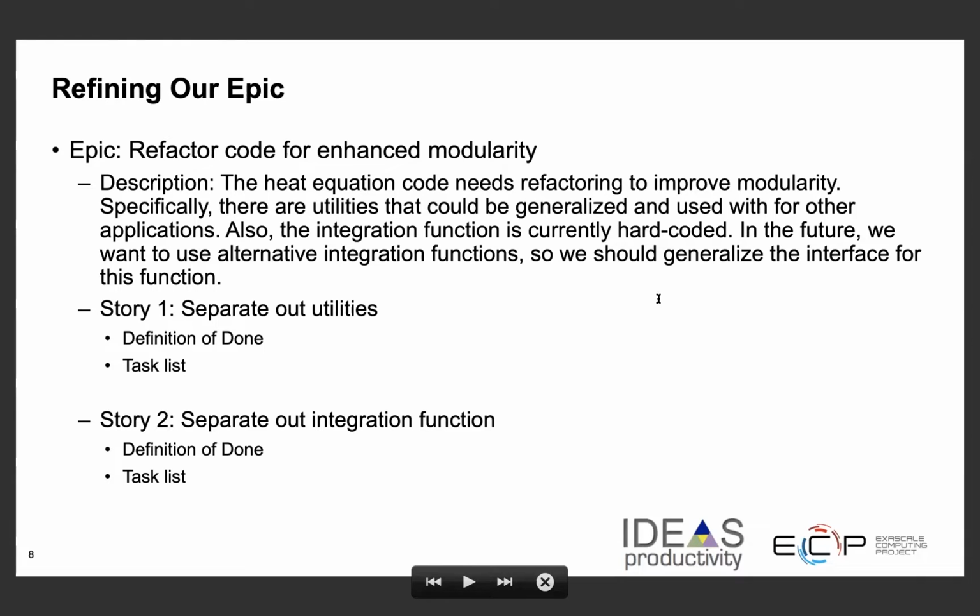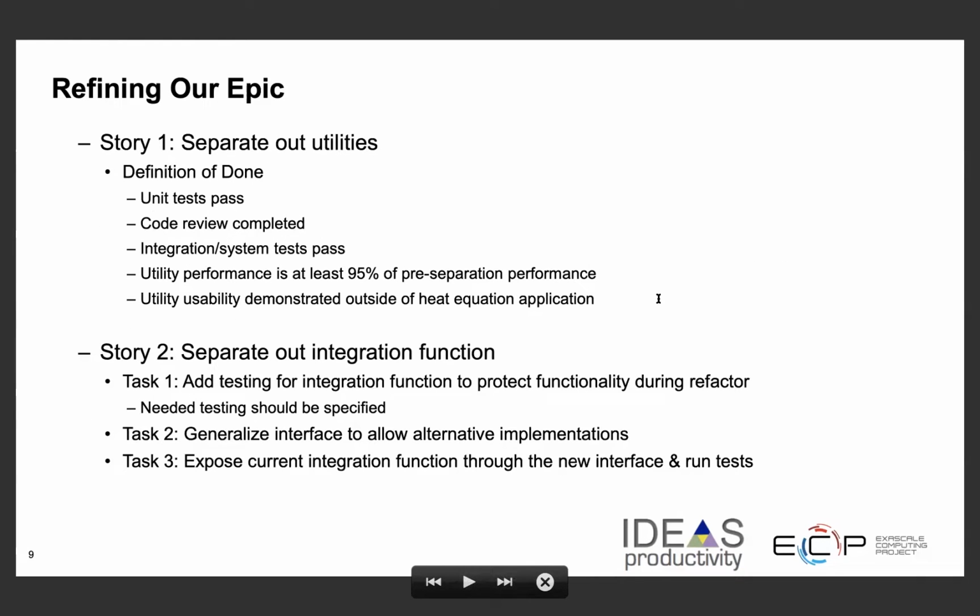So I think on the next slide, we see for story 1, the definition of done. And for story 2, we see a task list. So for story 1, my definition of done says all unit tests have to pass, integration system tests have to pass, code review should take place, performance should be 95% of what it was before, and so on and so forth.